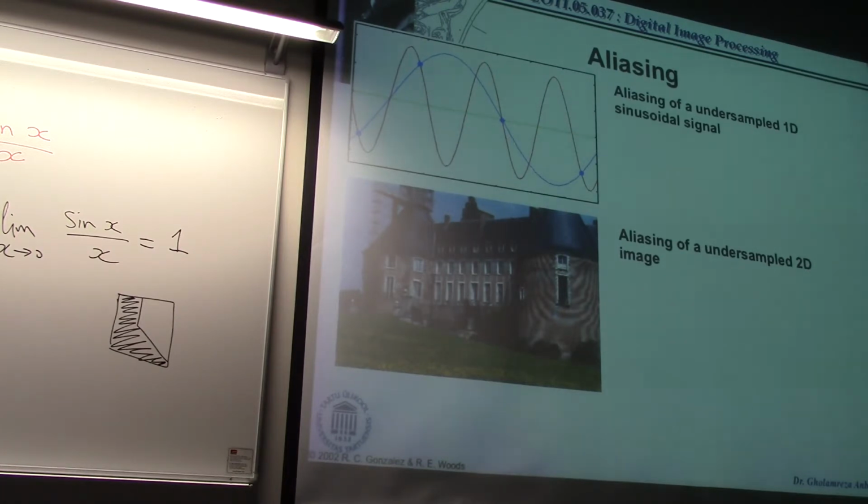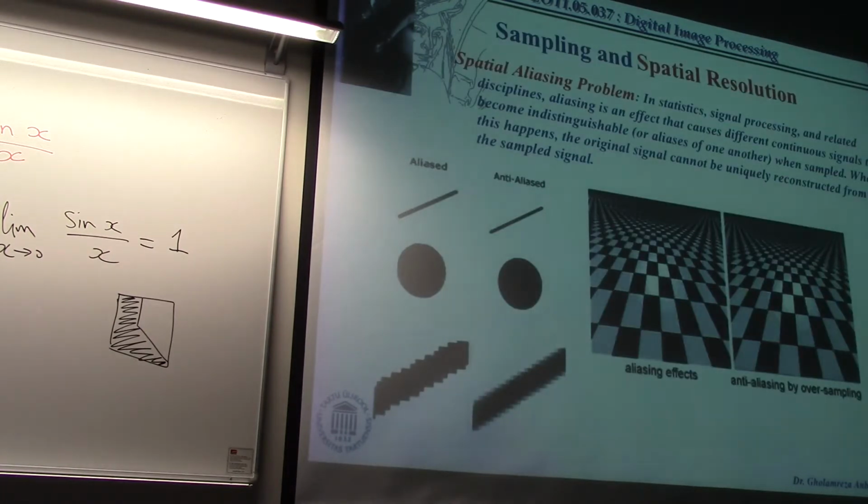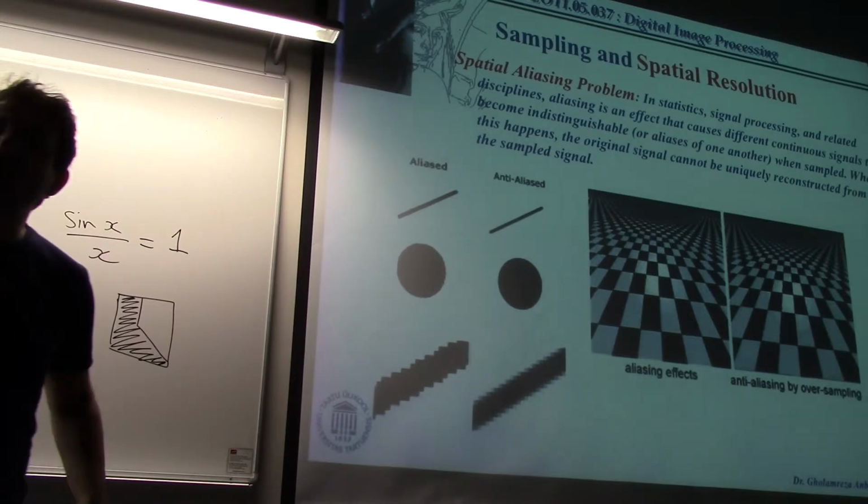Now, usually this happens if we have textures like this. As you can see, we start to have the potential of having aliasing, especially in here. Why do I have aliasing in here but no aliasing in here? Because the frequency is higher in here. What is frequency? Frequency means change.